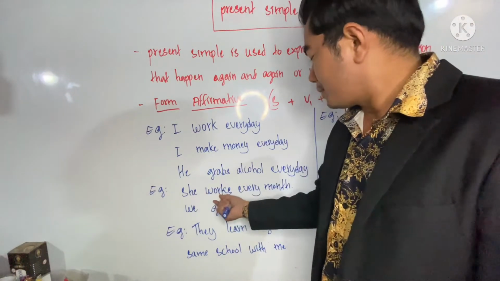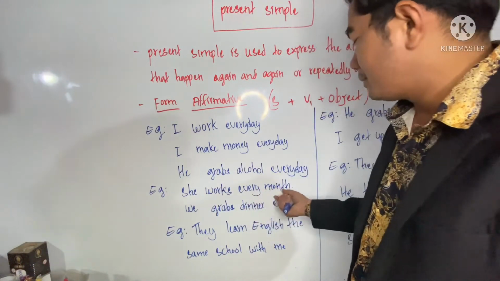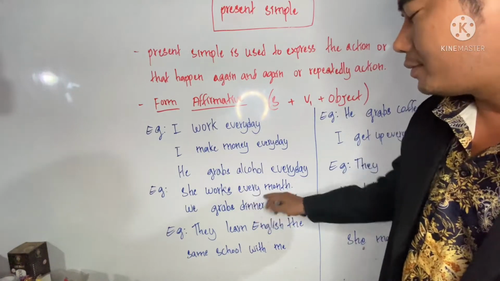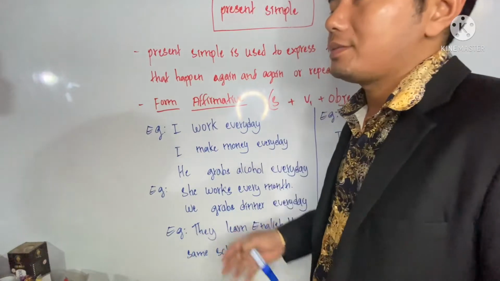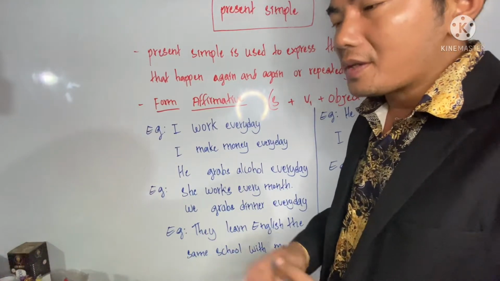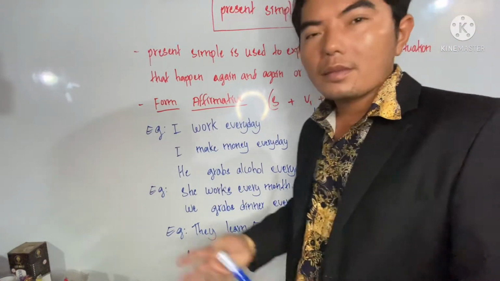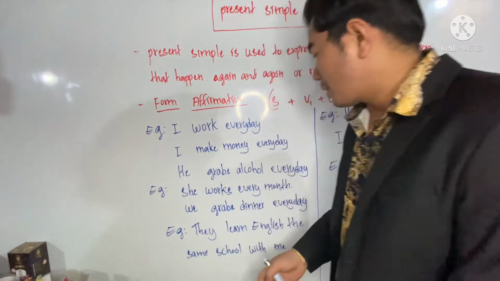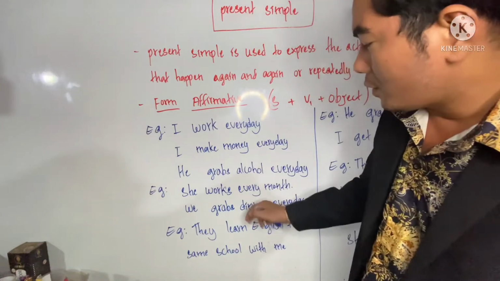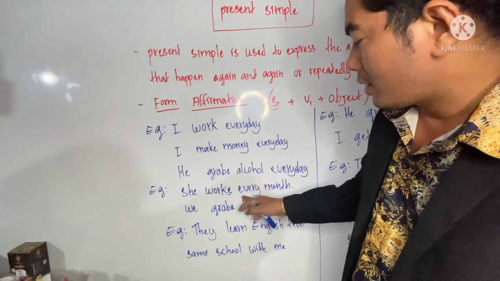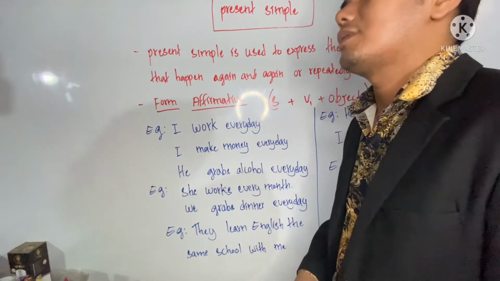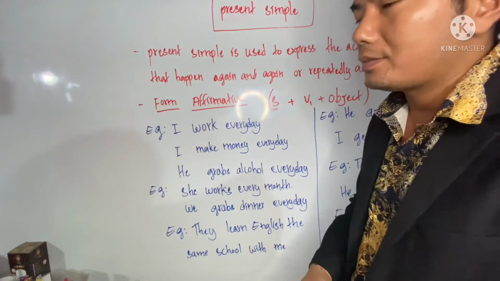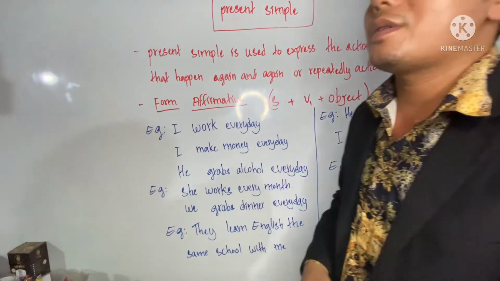She works every month. If you want to sound more American, you've got to say every day, every month, every time, every student. Yeah, the native speaker says it naturally.